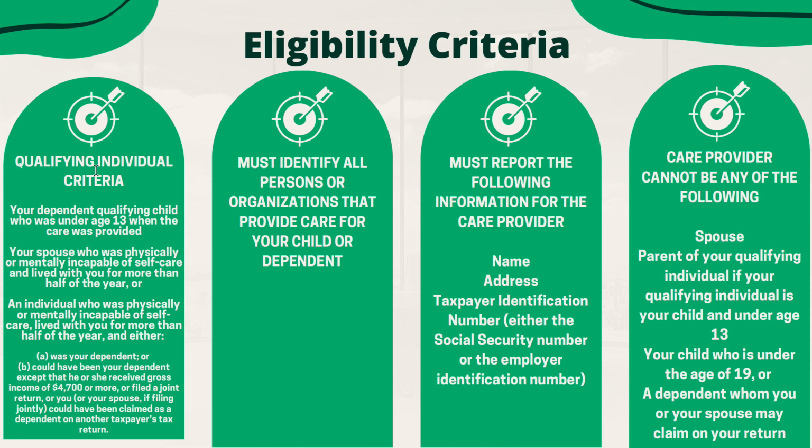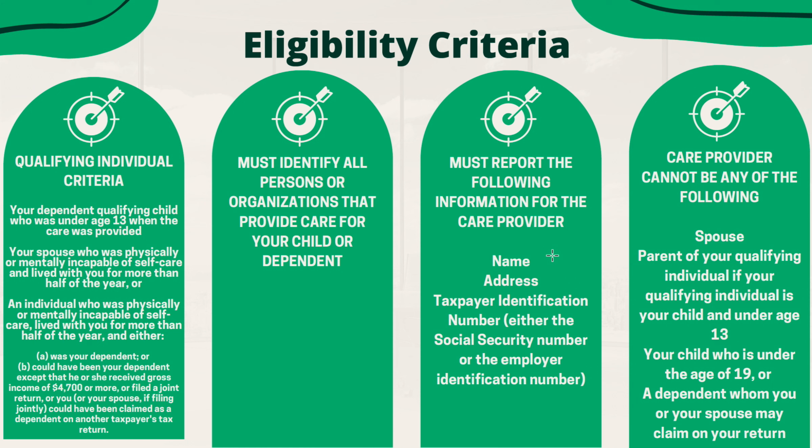You have to identify all the persons or organizations that provide care for your child or dependent. Specifically, you have to report certain information about the care provider: their name, their address, and their taxpayer ID number, which can either be their social security number or the employer ID number for the organization, like a child care facility.